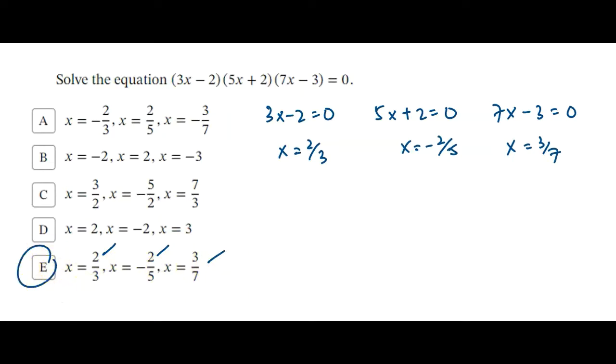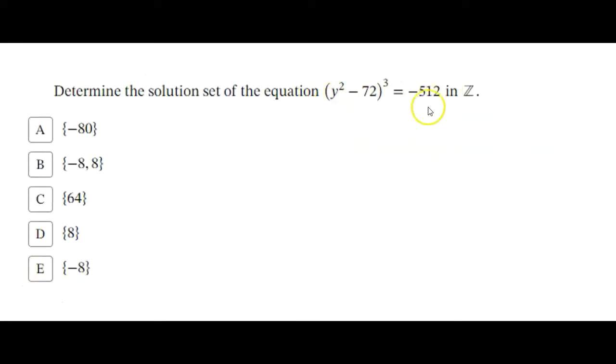So the answer for this question is still within the cubic equation. This question is a little bit tough compared to the ordinary cubic equation, but we still use the method of solving cubic equation to solve this equation. Given the equation is (y squared minus 72) cubed equals to negative 512.